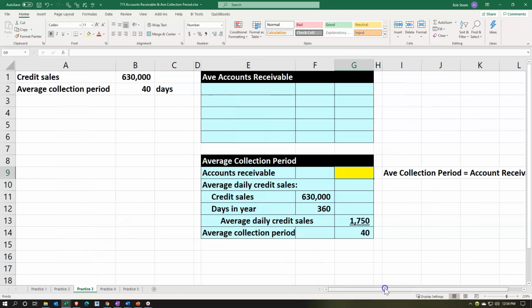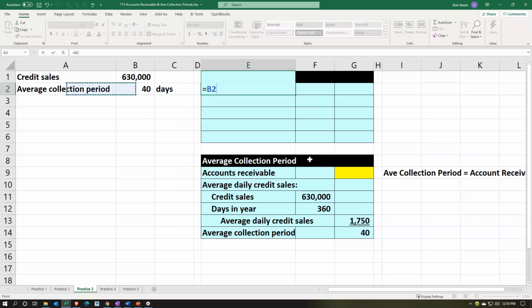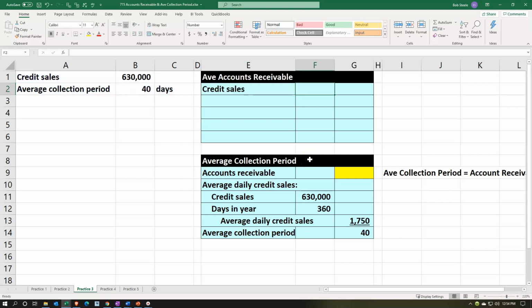Okay, so then let's do that. If we were to do that calculation in a vertical calculation, reversing this, doing the algebra, and then putting it into a table type of format like this, we're going to say, all right, then we got the credit sales. It's going to be the 630,000. And then we have the days in year, which are 360, which is going to be 12 times 30.